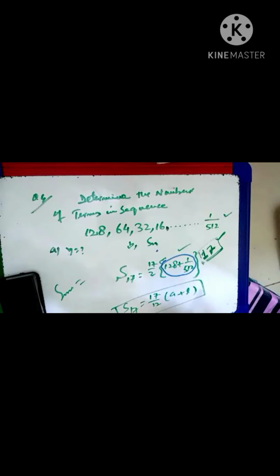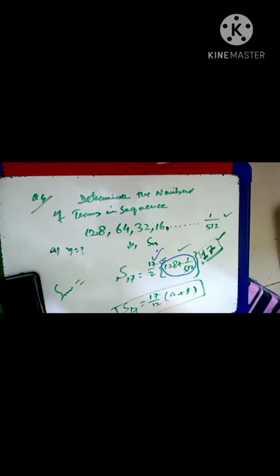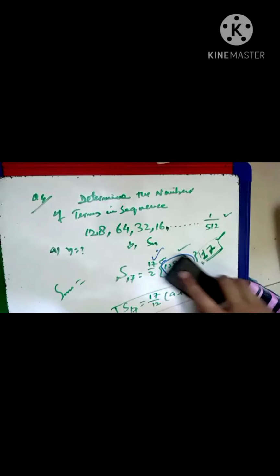First you add these two. Type 128 plus 1 over 512. I got 128.001. Multiplied by 17. Oh, I did 17 divided by 2 first. Yes, that is also fantastic, then you can find it. Oh, sorry. I'm really sorry.